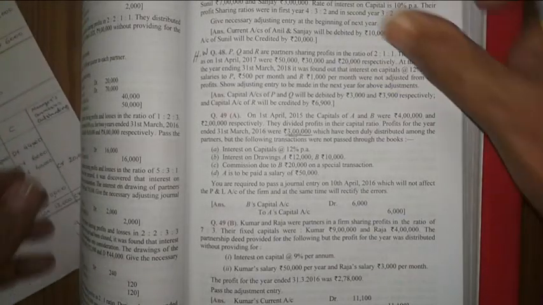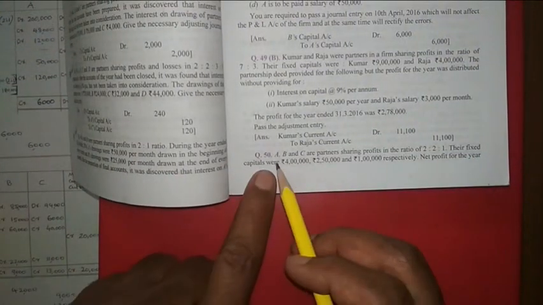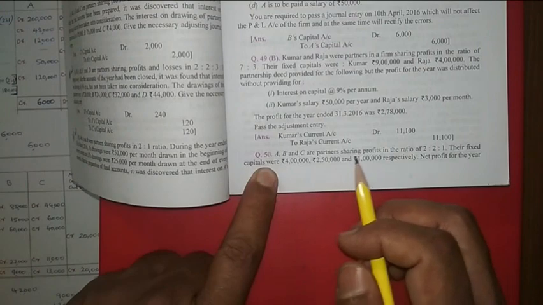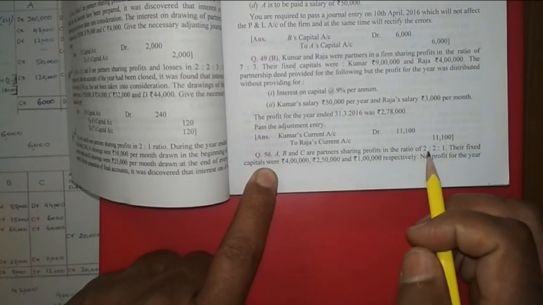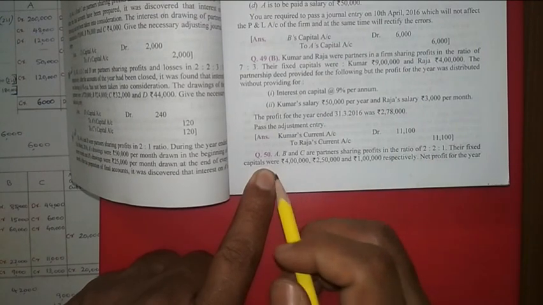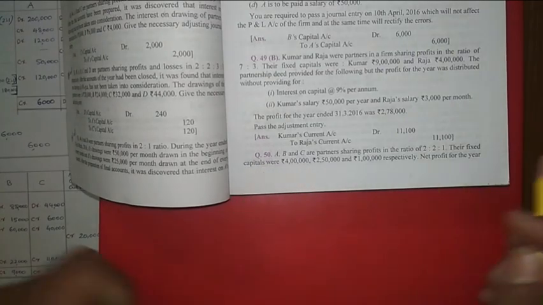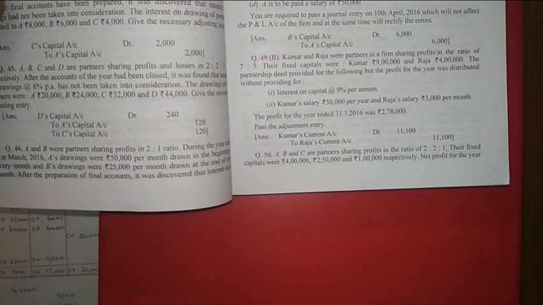Now we are moving to question number 50. A, B and C are partners sharing profits in the ratio of 2:2:1. Their fixed capitals were 4 lakh, 2 lakh, 50,000, 1 lakh respectively.